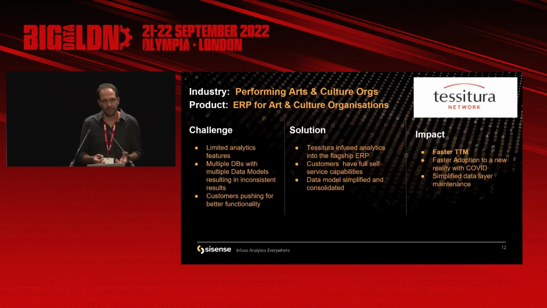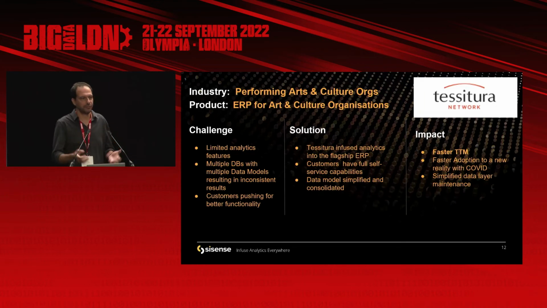So for Tessitura, beyond the differentiation, beyond the fact that now they offered something that they didn't offer before, and the stickiness and all of that, it completely changed the perception of their customers of their product, because suddenly their customers realized that the Tessitura product is not just an ERP.